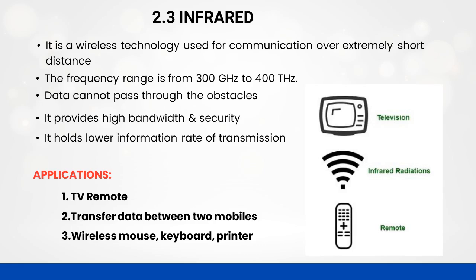However, infrared signals cannot pass through obstacles like walls or furniture. It offers high bandwidth and is considered secure because the signals don't go far. Infrared supports a lower data transmission rate compared to other wireless types.